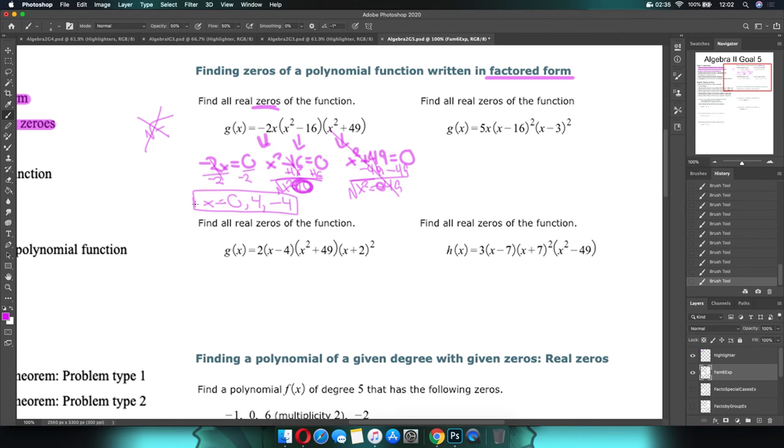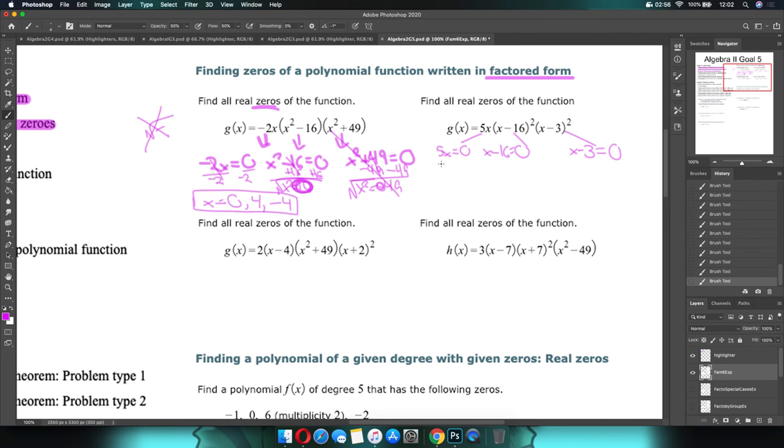Let's see if they could throw any other curveballs at us. So each set to 0. 5x equals 0, x minus 16 equals 0, x minus 3 equals 0.